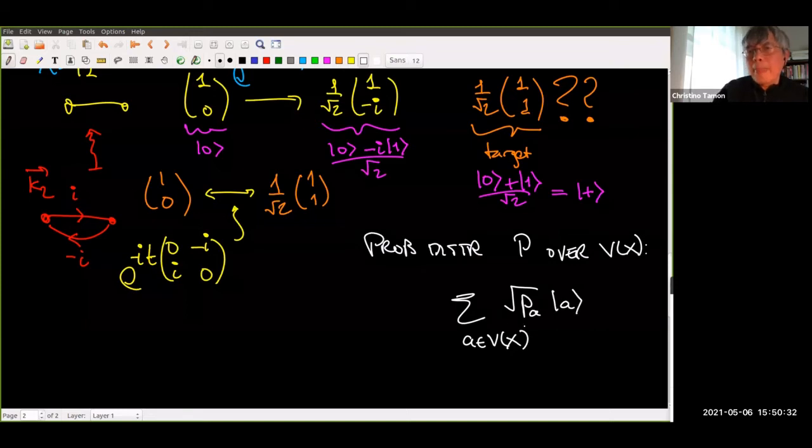This is a state that mimics the distribution P over the vertices of the graph.